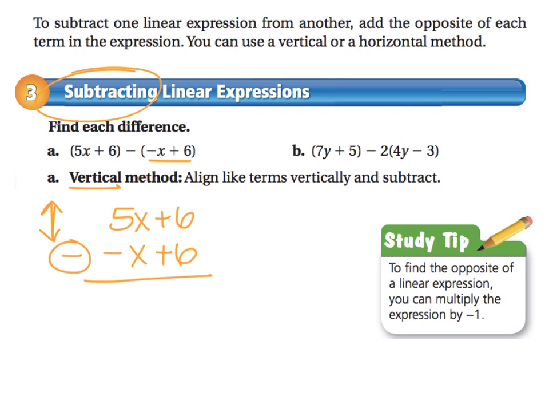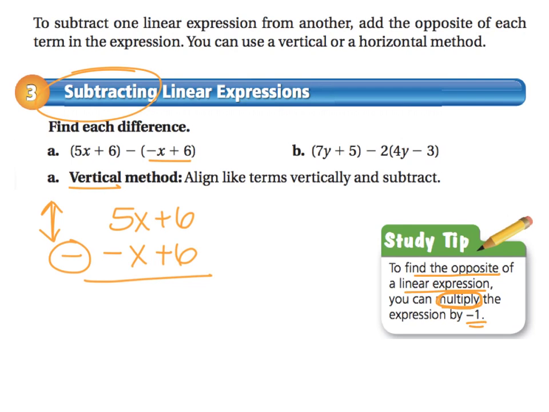Now, if we're leaving this as subtraction, I bet 90% of us are going to make mistakes. So what we need to do is find the opposite of the expression. So what we have to do is multiply by that negative 1.